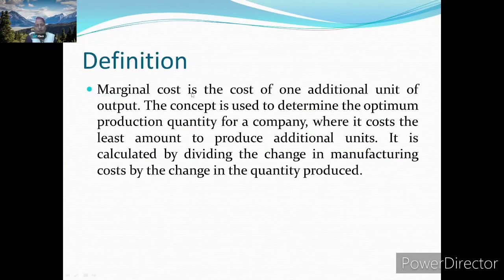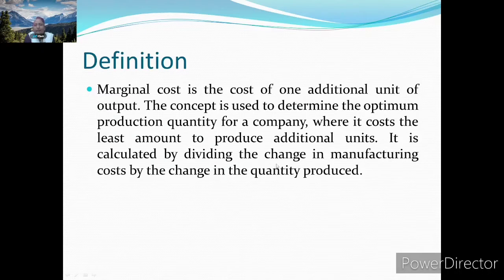Now we can understand what purpose marginal costing is used for: to determine the optimum production quantity, where it costs the least amount to produce any additional units. How is it calculated?